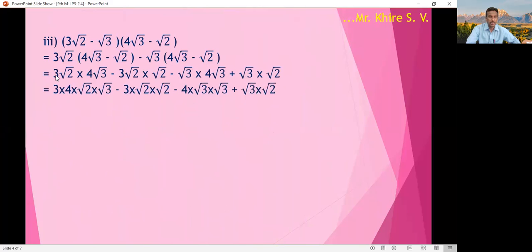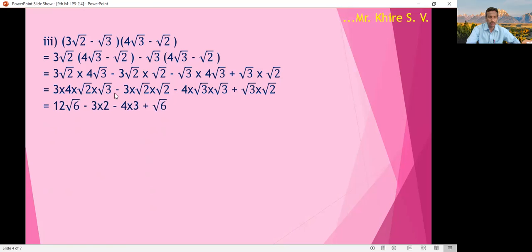Multiply rational number into rational number and irrational number into irrational number. 3 into 4 and root 2 into root 3, minus 3 into root 2 into root 2, minus 4 into root 3 into root 3, plus root 3 into root 2. 3 fours are 12.